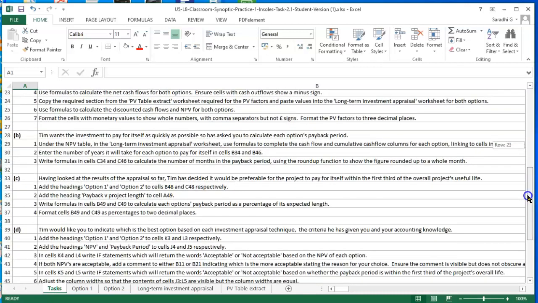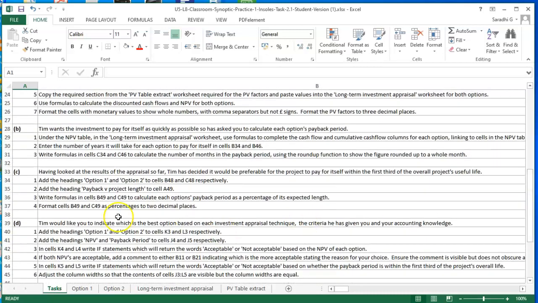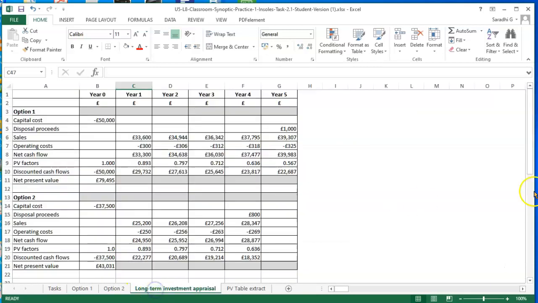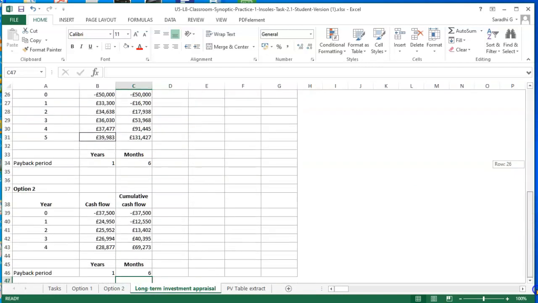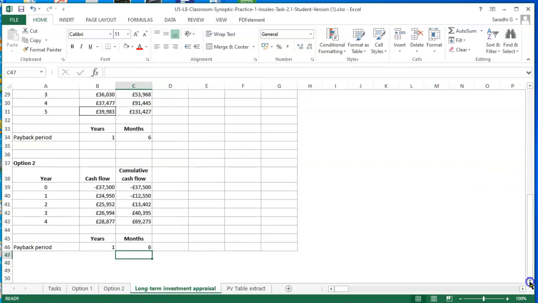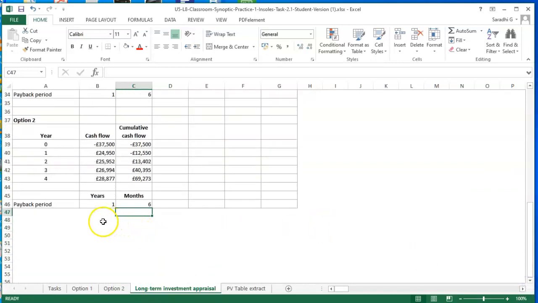Okay, now they want you to check something in task C. Add headings option 1 and option 2 in B48 and C48. So option 1 and option 2 in B48 and C48. So that's here. Option 1 and option 2.